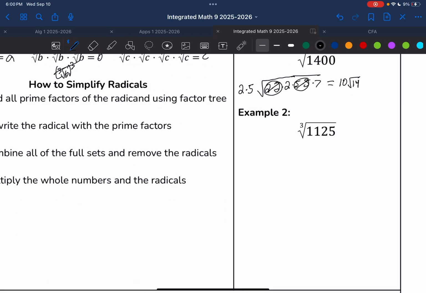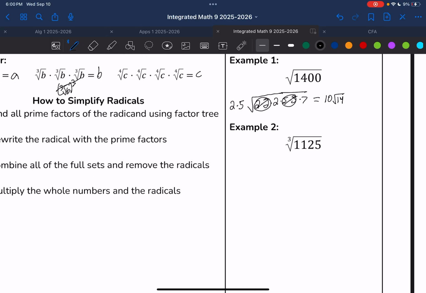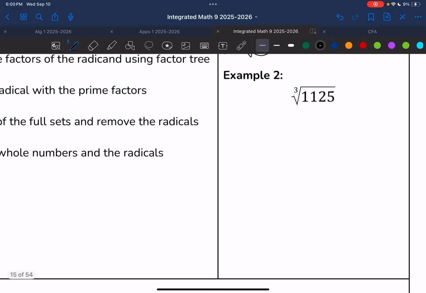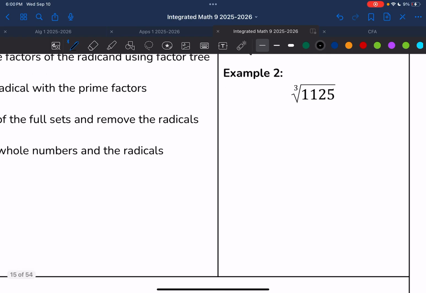All right. And so if we want to do this from the start, we're going to start with our prime factorization, then write it all in a radical and pull out any full sets. So what are factors of 1,125? Well, I know that it's 25 times 45.